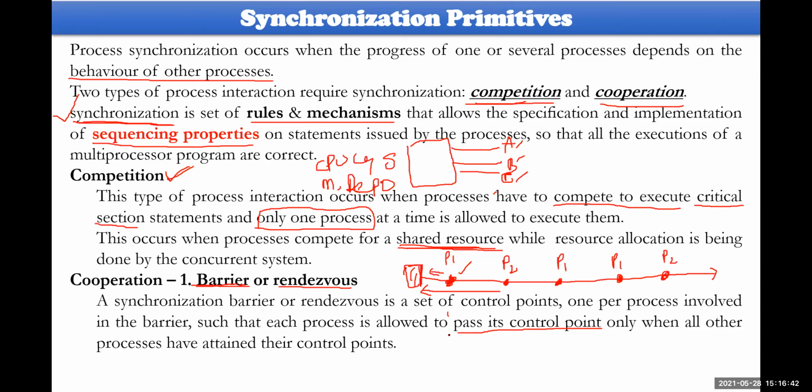It's very important to remember this particular word: control point. In the sense of the timeline, you have to put some kind of control point yourself, that after 2 minutes I require so and so, after 4 minutes I will require so and so, after 10 minutes I will require so and so.